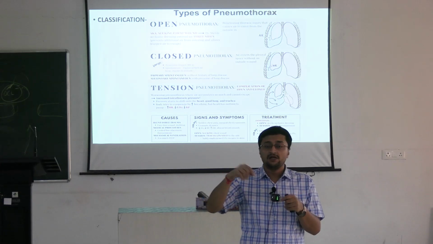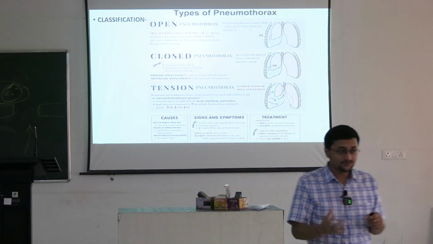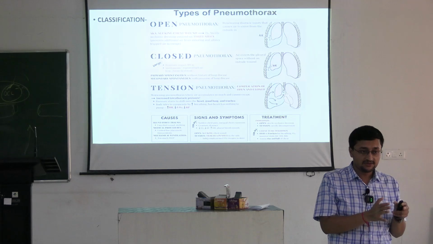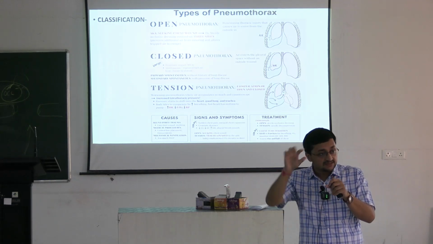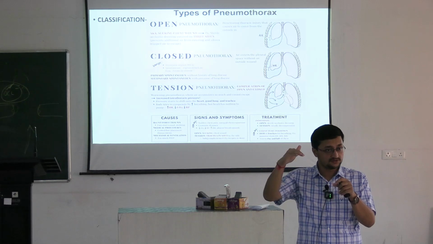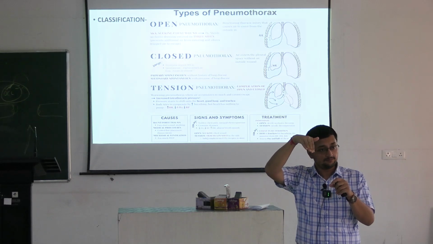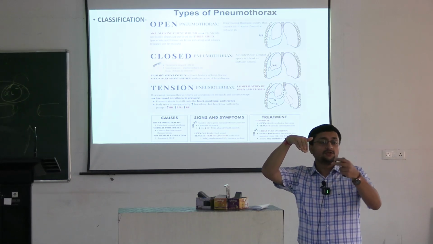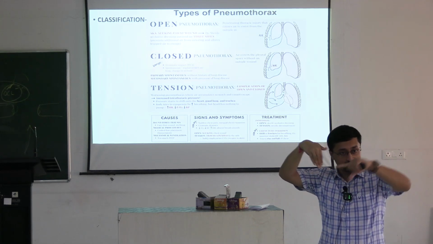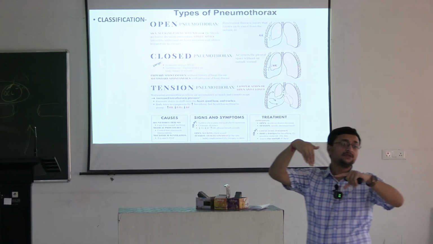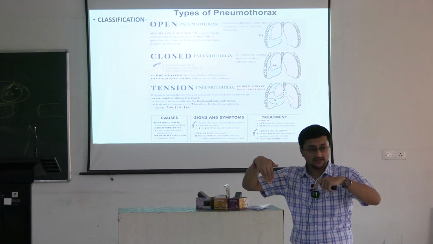And if you are not treating the pneumothorax as early as possible, then the pleural tissue creates a flap over the pneumothorax. Suppose this is a flap, okay? So if this is a flap and this is a connection, air is passing through, right? And during the inspiration, what happens?